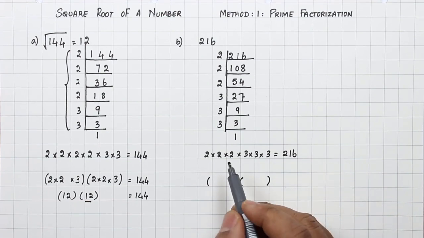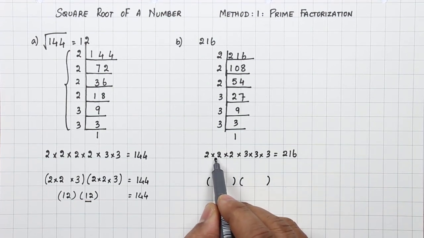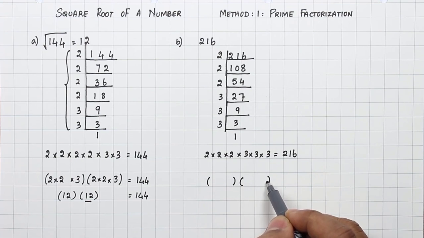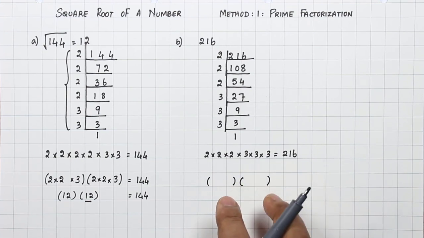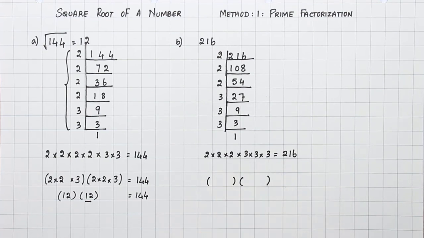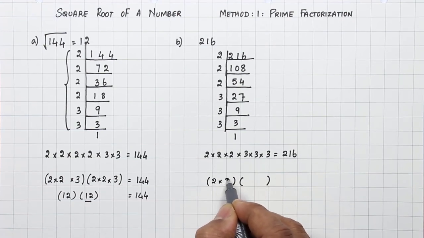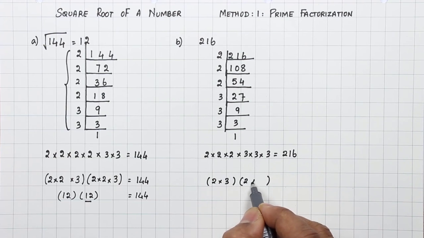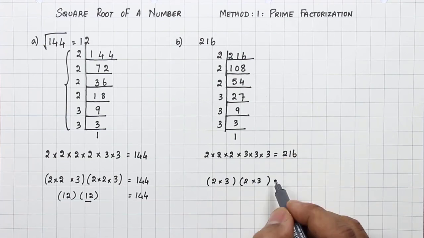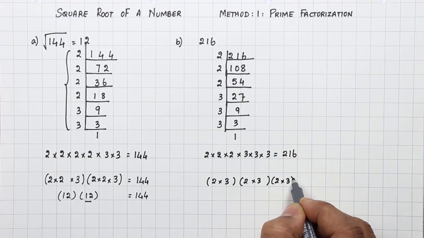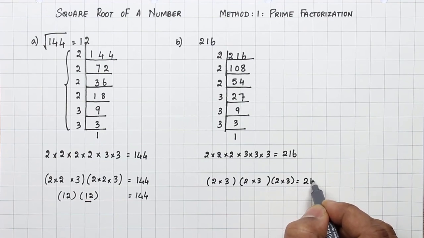You cannot write it simply like 2 times 2 times 2 and 3 times 3 times 3 here. They are not identical. So I want two identical factors here. I have 3 3's and 3 2's. So I can write 2 into 3 as one factor, 2 into 3, but I have one more pair which gives you 2 into 3. So this gives you 216.